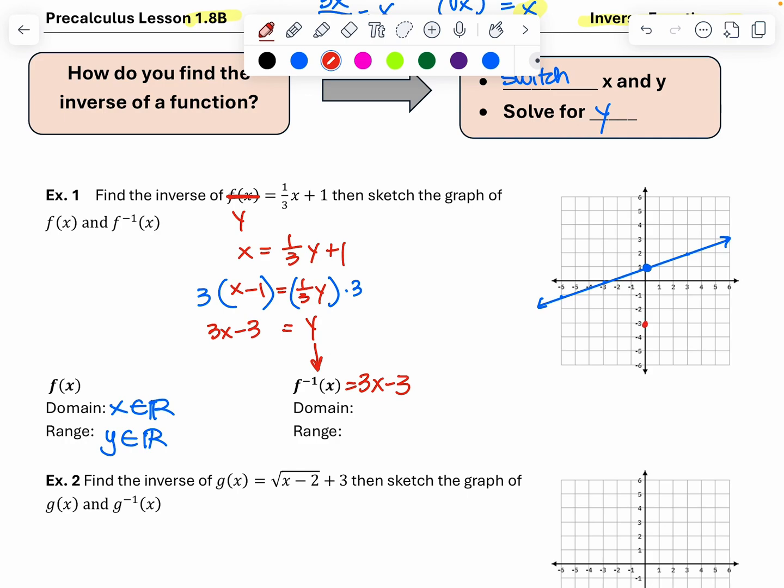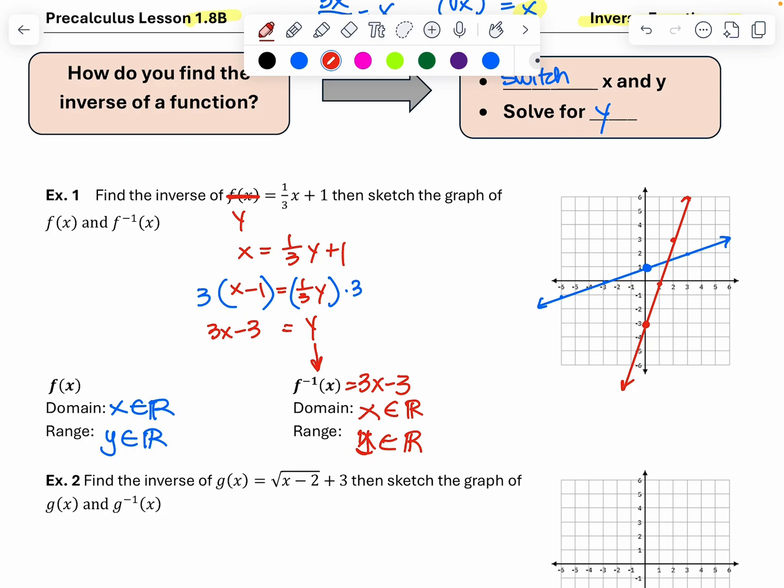The intercept is -3, the slope is 3, so I go up 3, right 1, up 3, right 1, I can keep going, and then draw my line. Again, it's a linear function, so there is no limitation to what x can be. x is a member of all real numbers, and y is an element of all real numbers. That would be my domain and range.